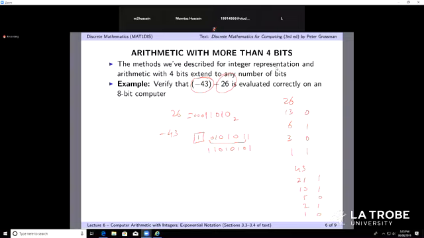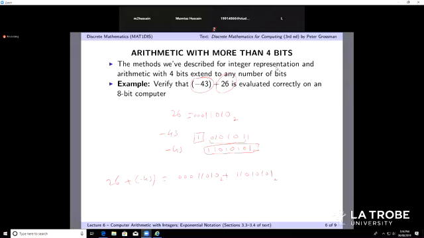The number that I got for negative 43 is this. Is this correct? Okay. So we would add this to 26. 26 plus minus 43 would be 0, 0, 0, 1, 1, 0, 1, 0 plus 1, 1, 0, 1, 0, 1, 0, 1. They're binaries. So what is this number?